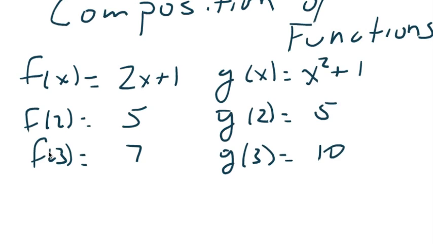And that's generally true of composition of functions: functions aren't necessarily going to be equal, and if you combine them in different orders, you'll get different results. Let's look at what happens if we do f of g of x. Now, I said that composition is just combining in order.